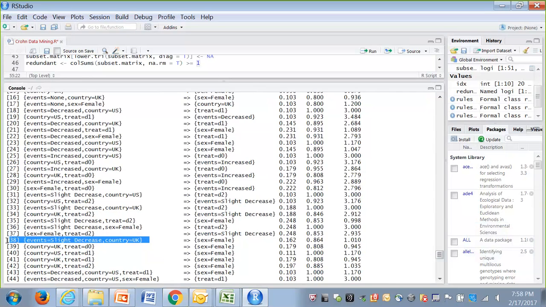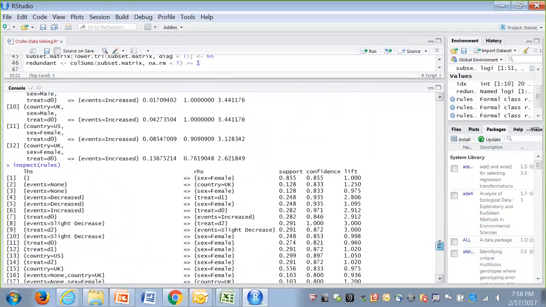If you sorted them in a particular fashion, you'd see it starts with just one category and compares it to another category, and as it's adding up the rules, it's adding values and variables to each one of those rules and comparing left-hand side to right-hand side.